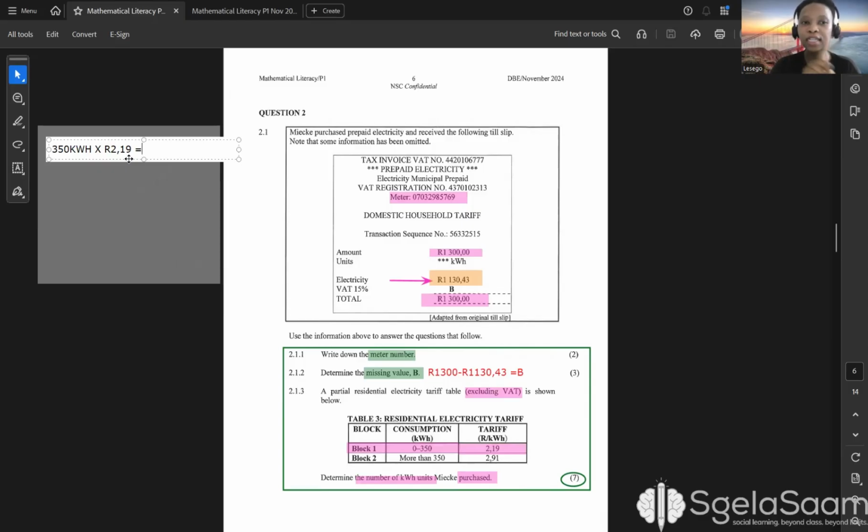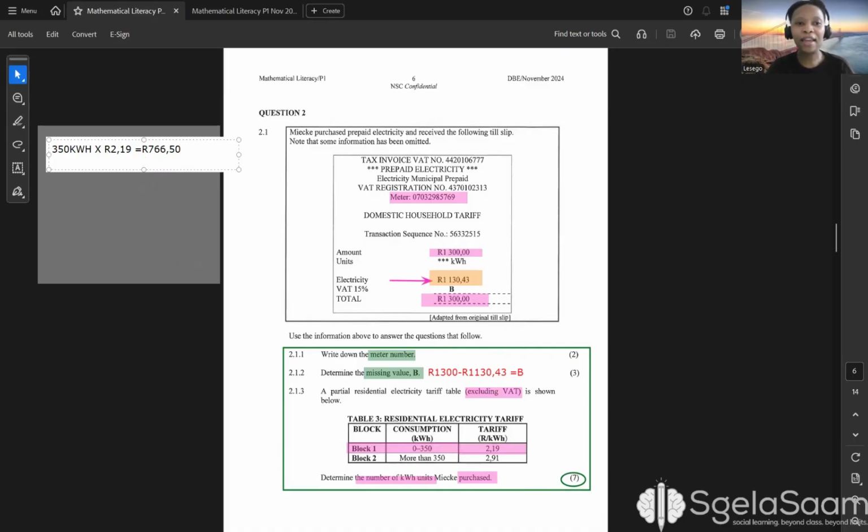For 1 kilowatt, it is 2 rand 19. So how much will it be for 350 kilowatts? I'll use my calculator here. 350 multiplied by 2 rand 19 gives us 766 rand 50. That is for the first block, block A.